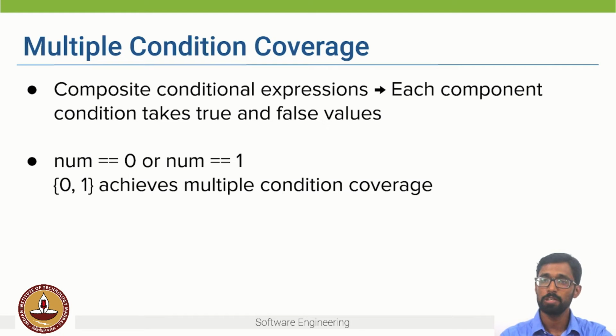So we check for each component condition. Here num equal to 0 is one component, num equal to 1 is the other component. We design test cases such that each component condition takes true and false values. When num is 0, the first part is true. When num is 1, the second part is true. So the test cases 0, 1 achieve multiple condition coverage.